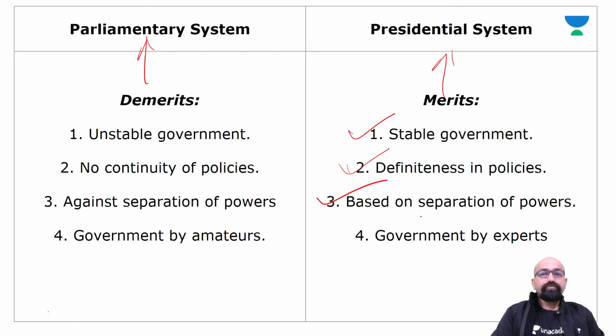And next, government by experts is the merit of presidential system, whereas government by amateurs is the demerit of parliamentary system.